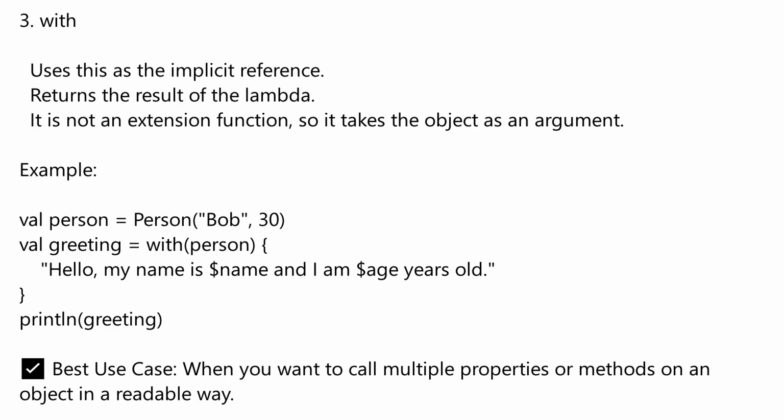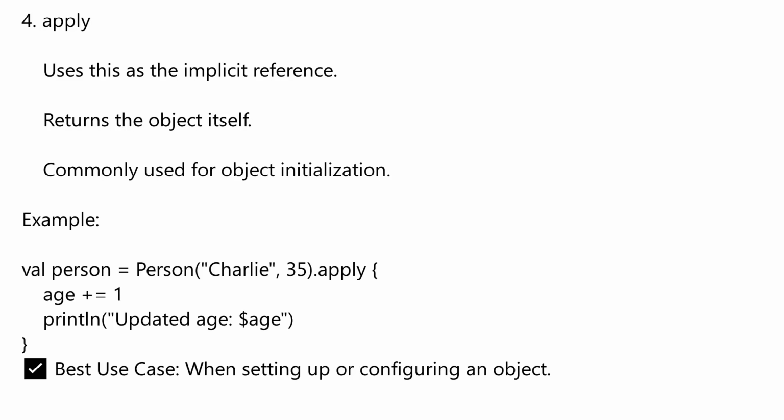Best use case: with is best used when you want to call multiple properties or methods of an object in a readable way.